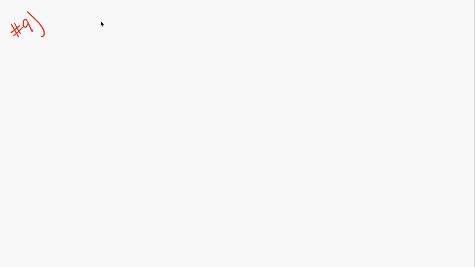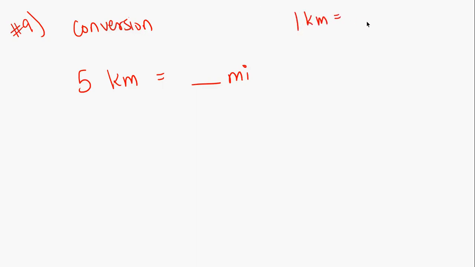Number 9 says, make an approximation of the conversion. It says, convert 5 kilometers to blank miles, and it tells us that 1 km equals 0.621 miles.